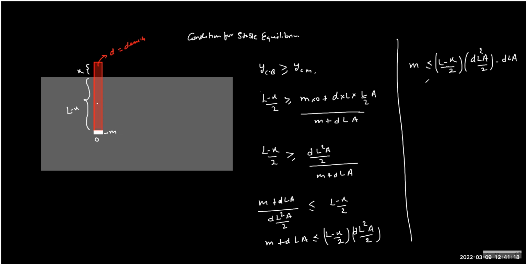If it is more than this, it is more dangerous. So we take the equality case to find the relation. Of course, this is not the exact question, but there was a JEE Advanced problem. So the rule is simple. You have to just make sure that the center of buoyancy is above the center of mass. That's the only rule.